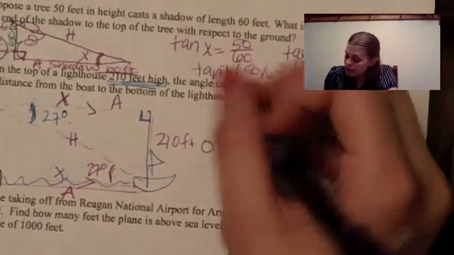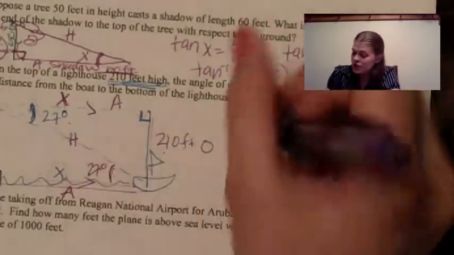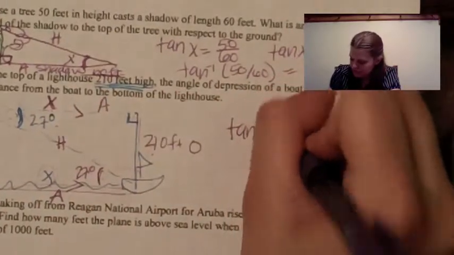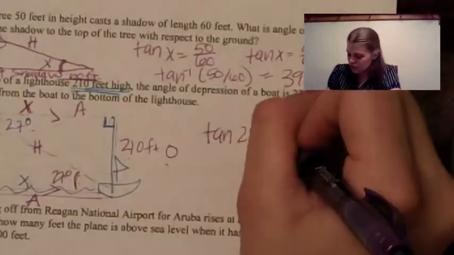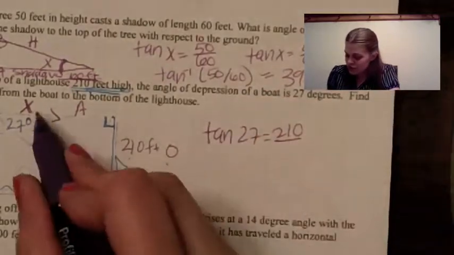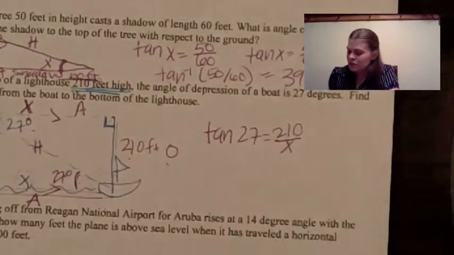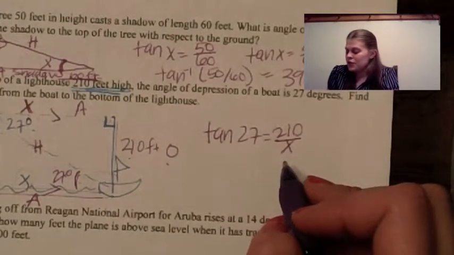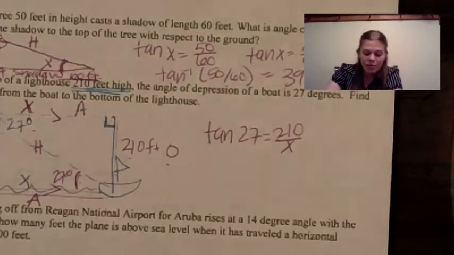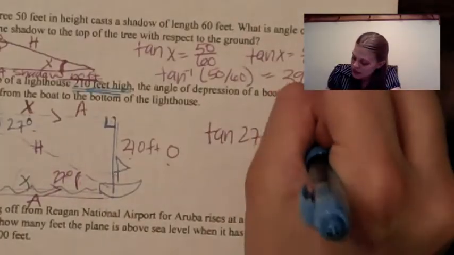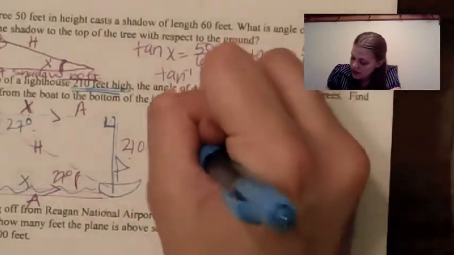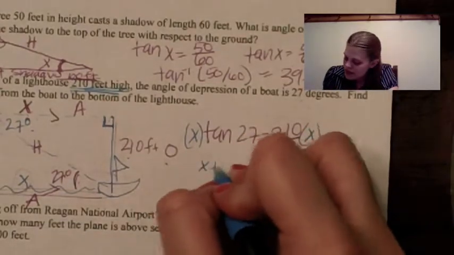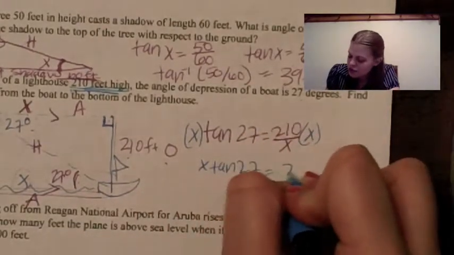So since we have the opposite and the adjacent, I'm going to use tangent. So the tangent of 27 degrees is the opposite, which is 210 feet, over the adjacent, which is x. Notice the variable is in the denominator. Okay? So I have to multiply both sides by x so that the x is in the top so that we can solve for it. So I have x tangent 27 equals 210.